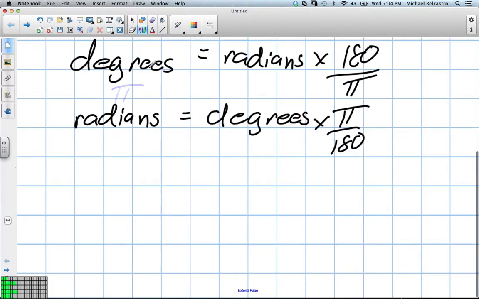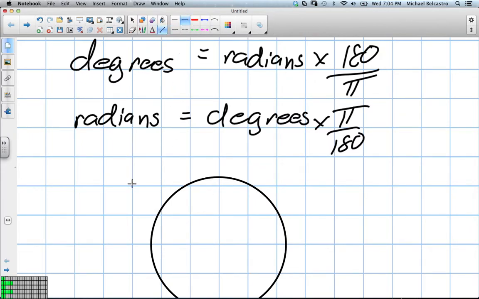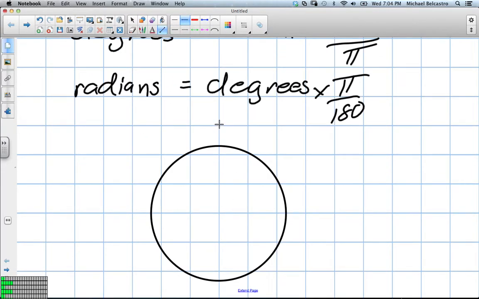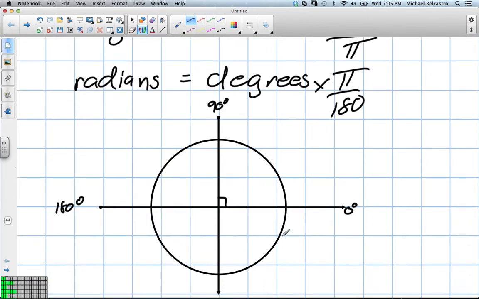So let's talk about degrees. Degrees essentially are kind of working a circle, right? We have a circle here, and we're just going to draw a couple lines through it. We have a line coming through this way and through this way. So here's our axis. If we're starting right here, this would be 0 degrees. Up to here will be 90 degrees, then 180 degrees.